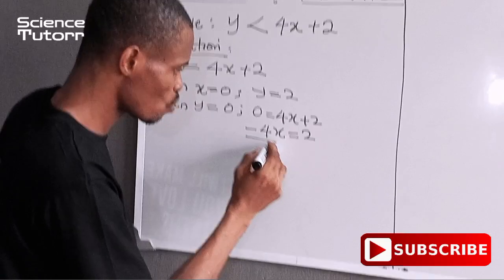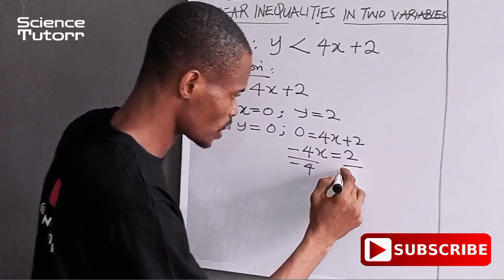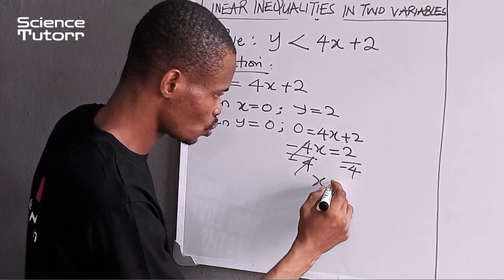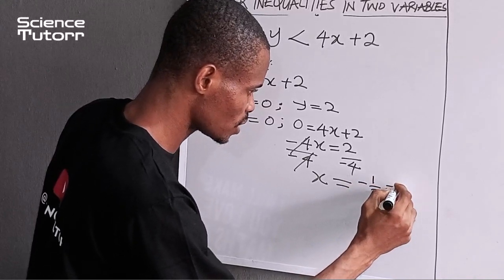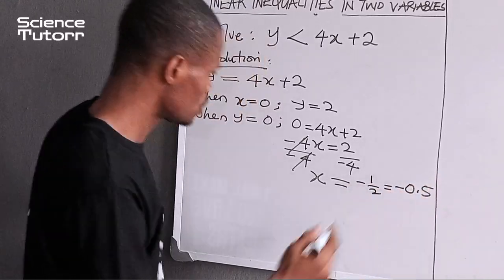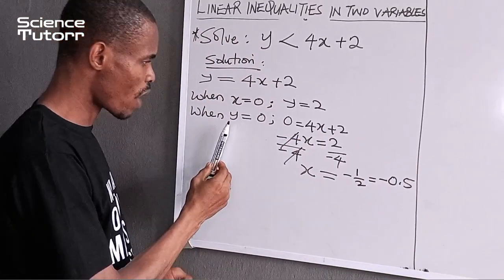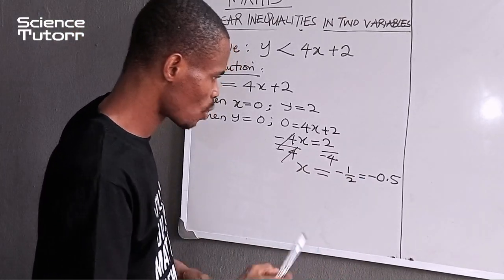So dividing by negative 4 on both sides, we get x equal to minus 1 over 2, which means minus 0.5. So when x equals 0, y equals 2. When y equals 0, x equals minus 0.5.